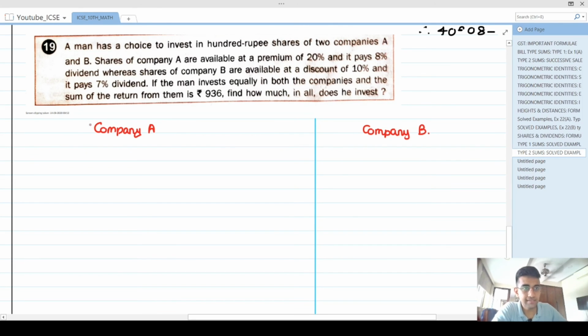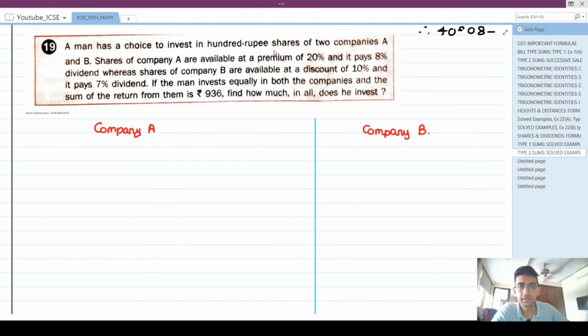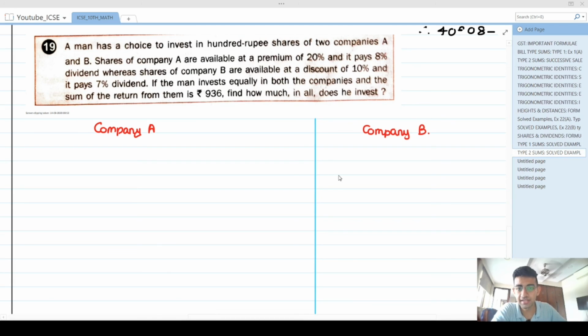So let's assume his investment in each company to be X. So investment of A is X. Investment of B is also rupees X.